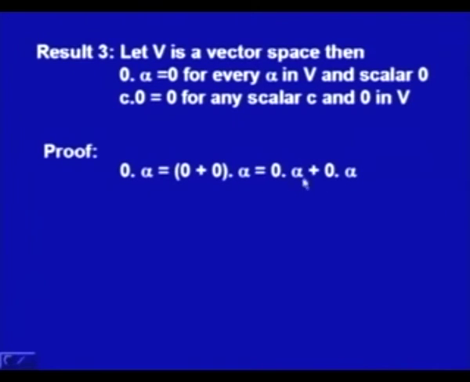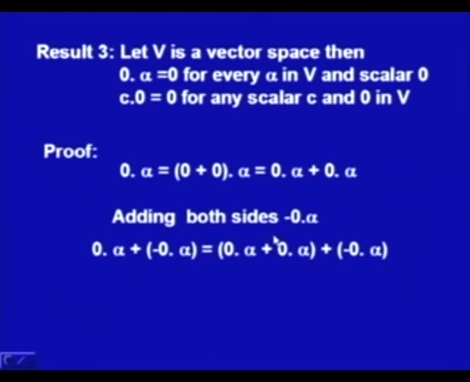Because this is distributive, because it is a vector space, so the distributive property is satisfied. Now, adding minus 0 times alpha on both sides: 0 alpha plus minus 0 alpha is equal to 0 alpha plus 0 alpha, which is what I had, plus minus 0 alpha, added on both sides.